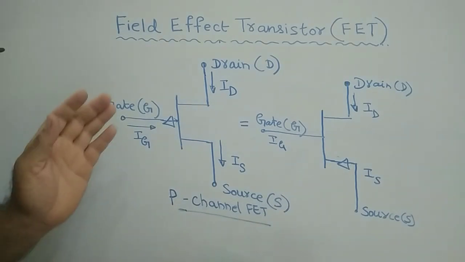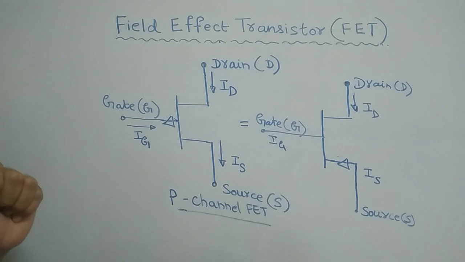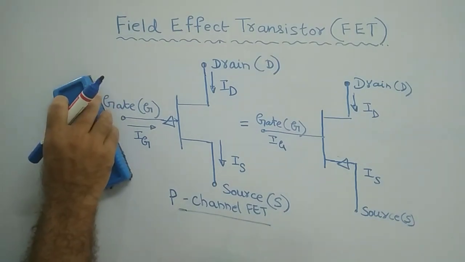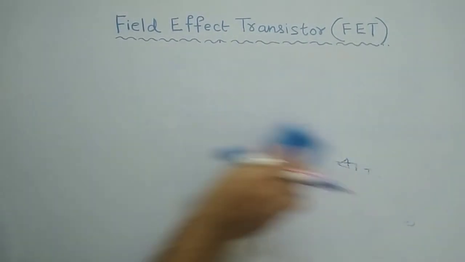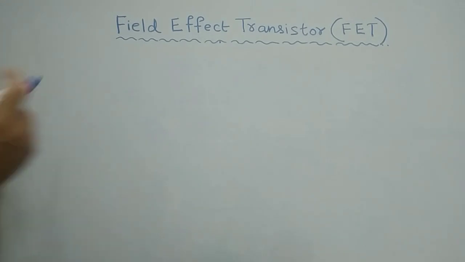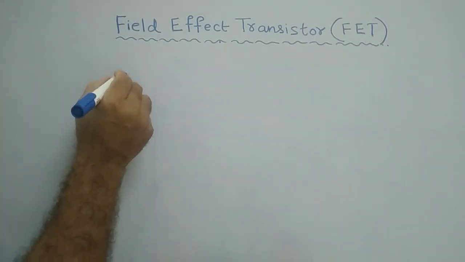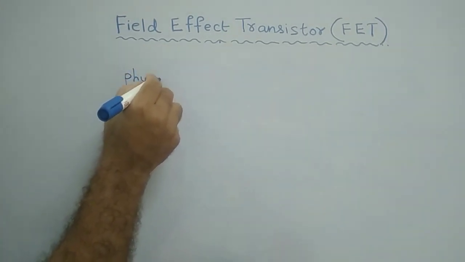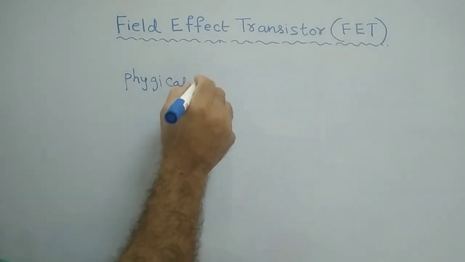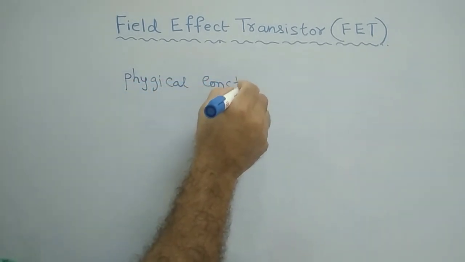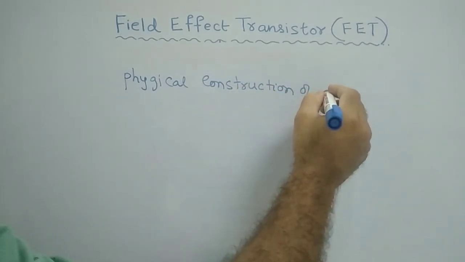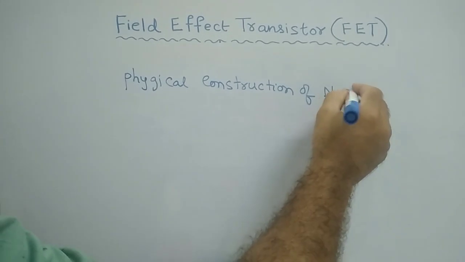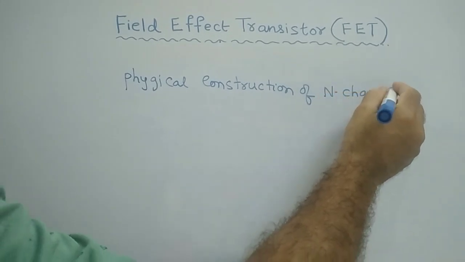Similarly, if you see the physical construction of a FET, n channel FET or p channel FET, whatever it is, let us see the physical construction of an n channel FET.